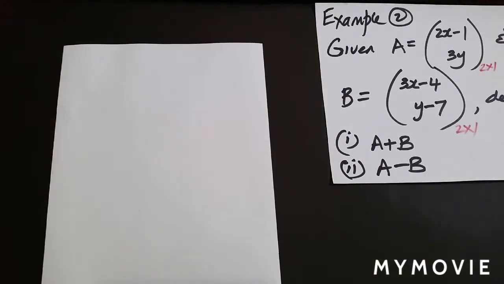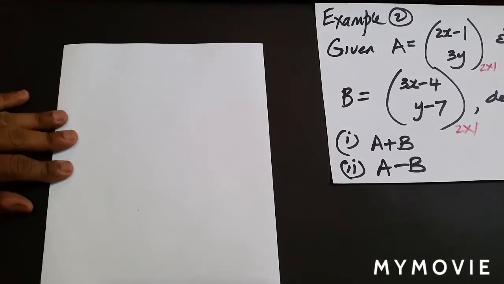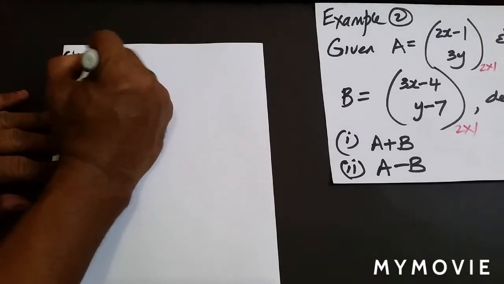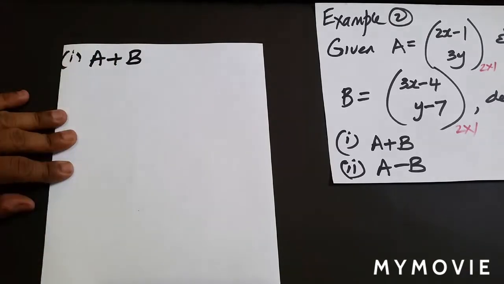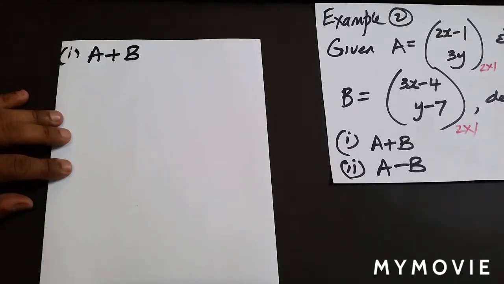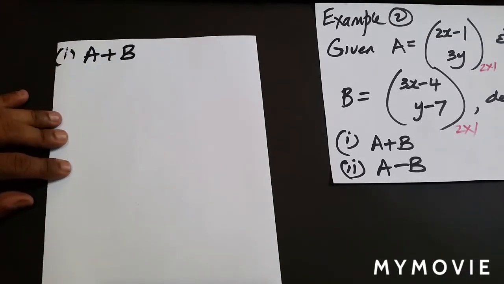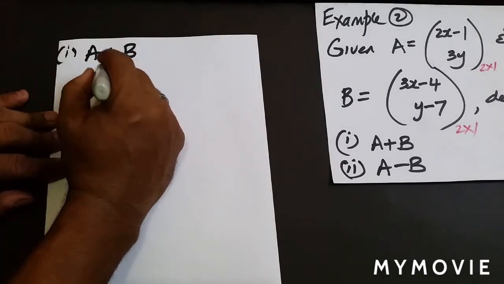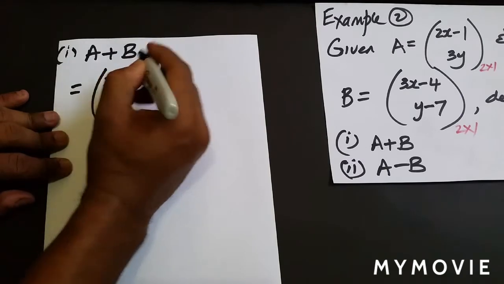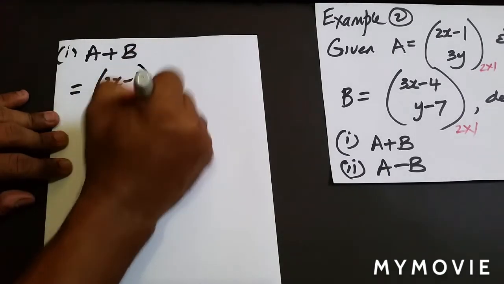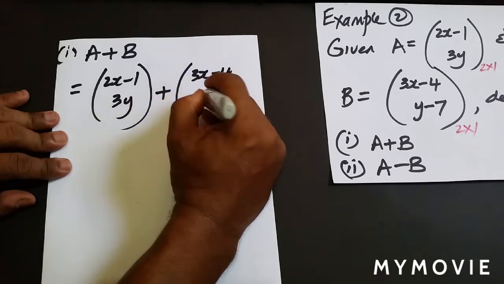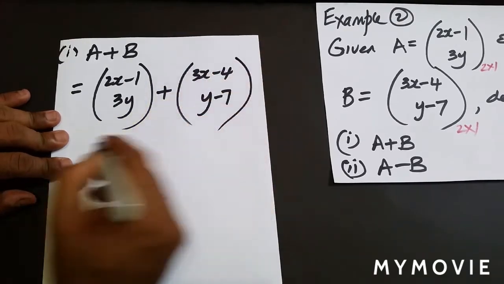So let's come back here and attempt part 1. Part 1 is asking us for A plus B. Now remember what we said. Whenever we have matrices with algebraic expressions in them, we have to be double careful. So for part 1, A comes first, so it's 2x minus 1 and 3y added to 3x minus 4 and y minus 7.